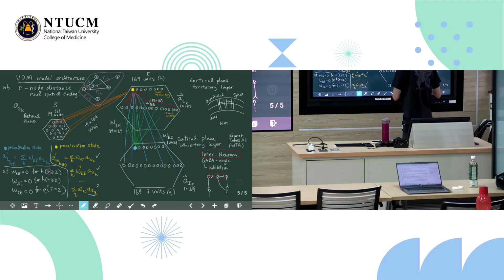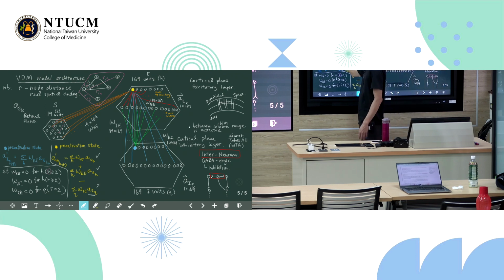In the cross-cortical, between column range is restricted, right? Correct? And it is instantiated in how far you are using the R variable, right?